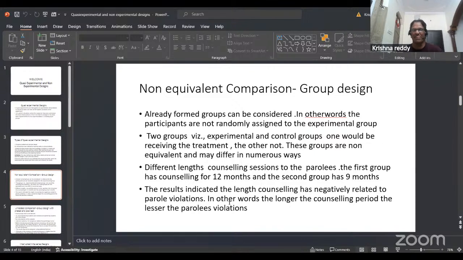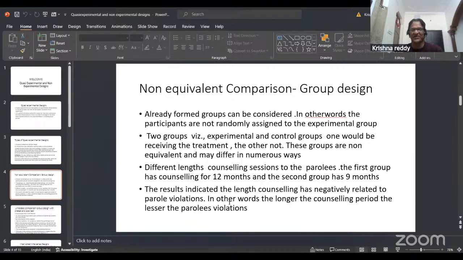That is the question. If the length of the counseling is lesser, then the violations would be very high. If the length of the counseling is very high, then the errors with regard to the parolees will be very less. That's what will be concluded. Here, the first group has counseling for 12 months and the second group has 9 months.